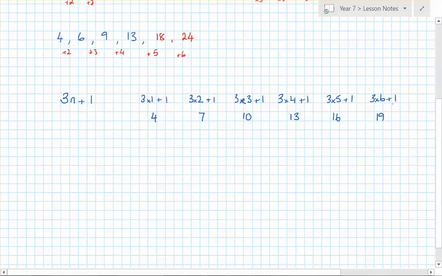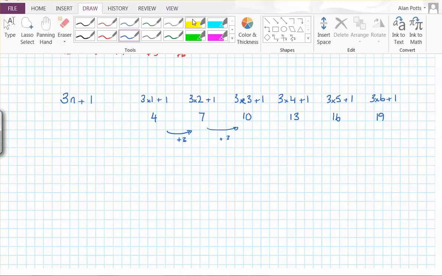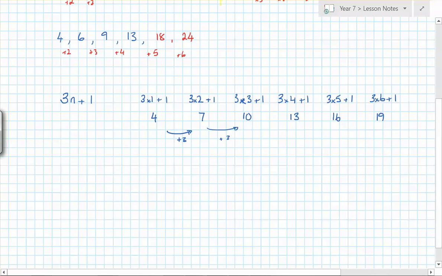But then we discovered there's a shortcut really. So this one is always going to be add 3 every time. So once we've worked that out, we can go quicker. We can work out what the first one would be, and then is there any way that we noticed how to identify whether it was going to be add 3 or add 5? Because it would be 3 times 3.